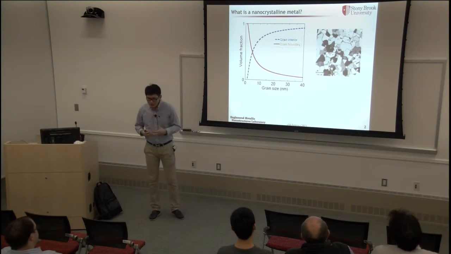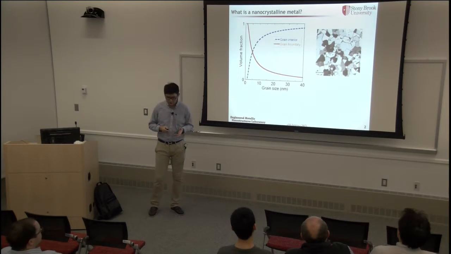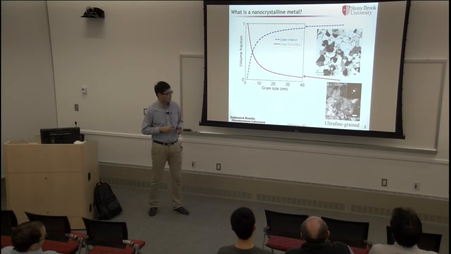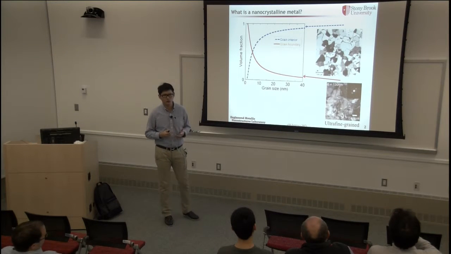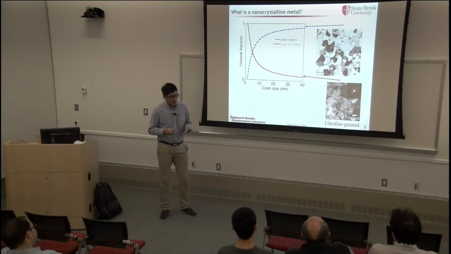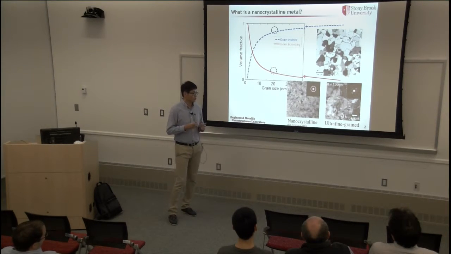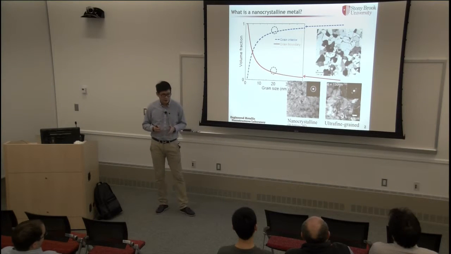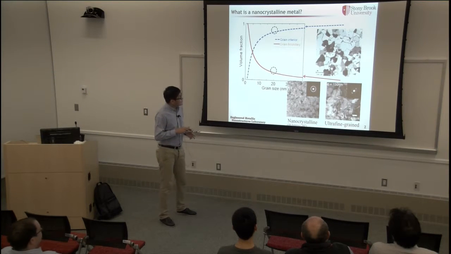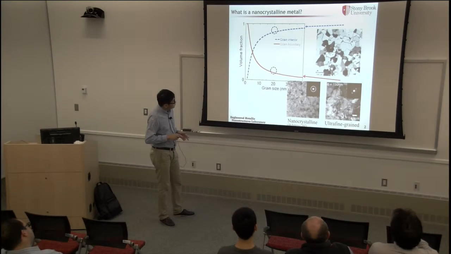So there are a lot of atoms located in the grain interior rather than in the grain boundary. This is even down to the ultra-fine grain, which is about 250 nanometers to a micron in size. But when we refine the grain size down to the nanometer region, which is below 100 nanometers, we start to find that the grain interior volume fraction starts to decrease, while the grain boundary fraction starts to increase.